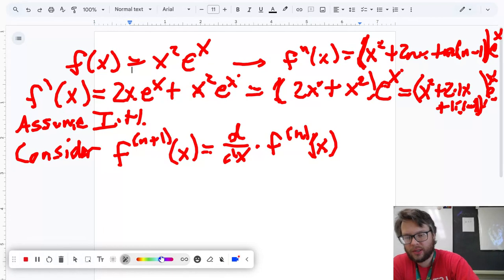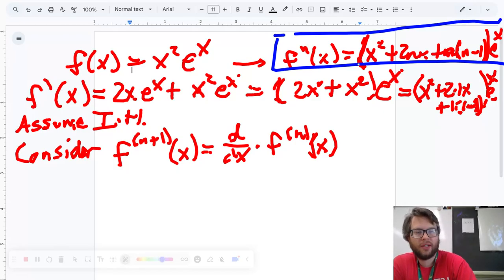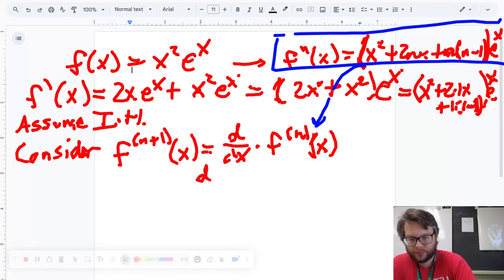And what's really crucial is we have an induction hypothesis for the nth derivative that we can drop right in there. So what we have to do now is take one more derivative of our formula.